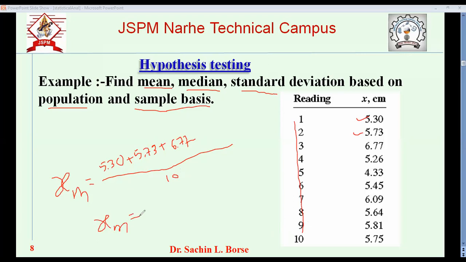Mean value. Mean 5.616. I'll just check.